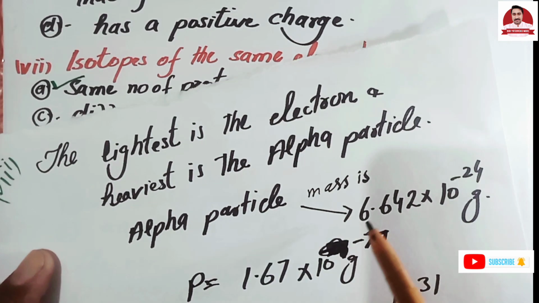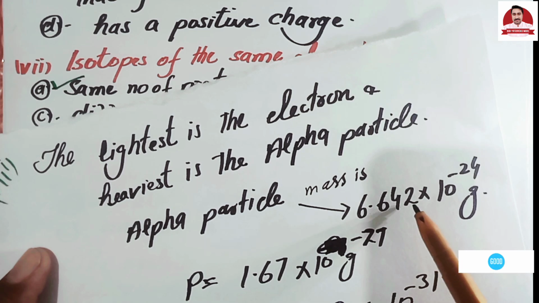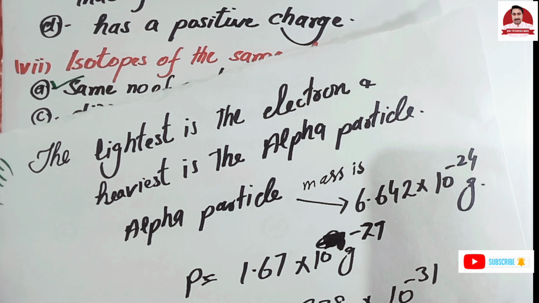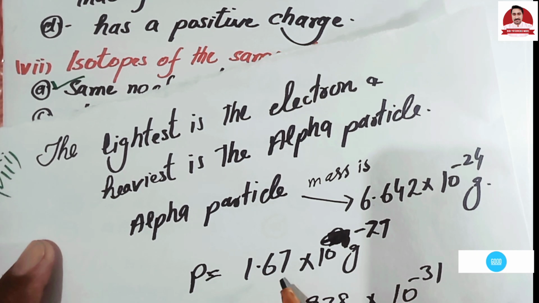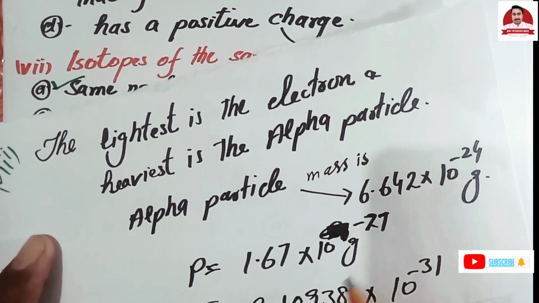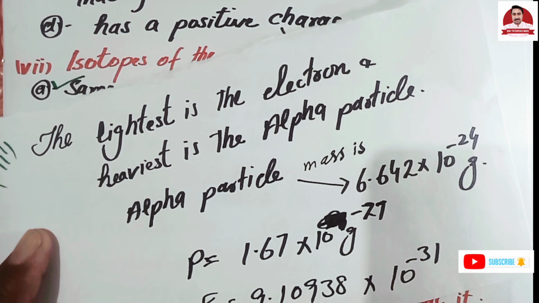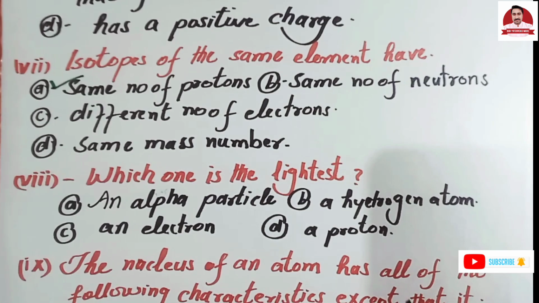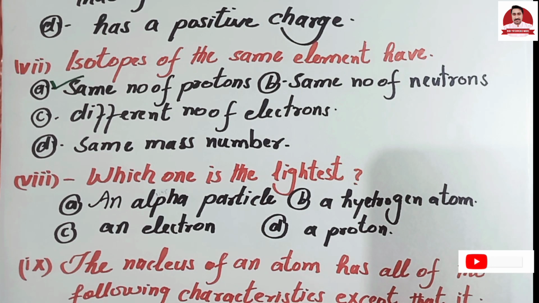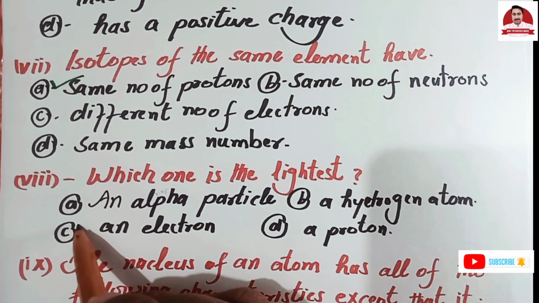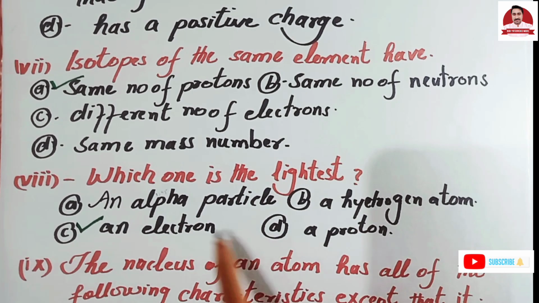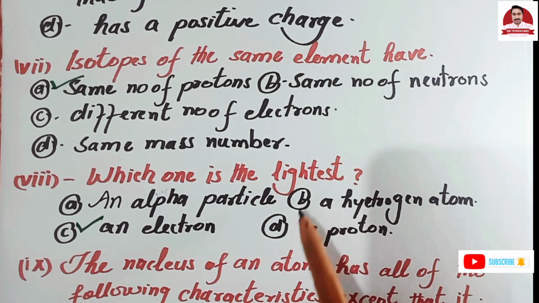An alpha particle has a mass of 6.642 multiplied by 10 raised to power minus 24, a proton has a mass of 1.67 multiplied by 10 raised to power minus 27, while an electron has a mass of 9.10938 multiplied by 10 raised to power minus 31. So option C is correct because among these, the electron is the lightest particle.